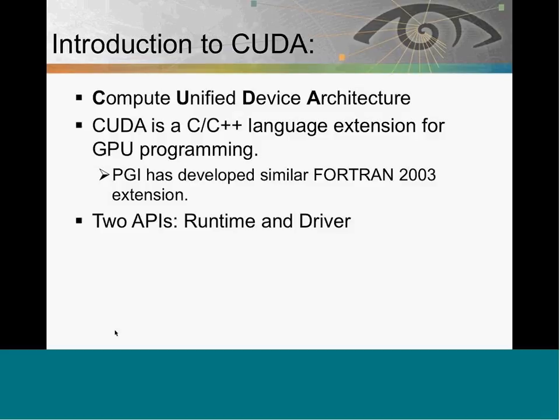CUDA stands for Compute Unified Device Architecture, an extension of the C++ language, and NVIDIA has developed one for Fortran 2003. It has two APIs: one is called the runtime, and another one is called the driver.